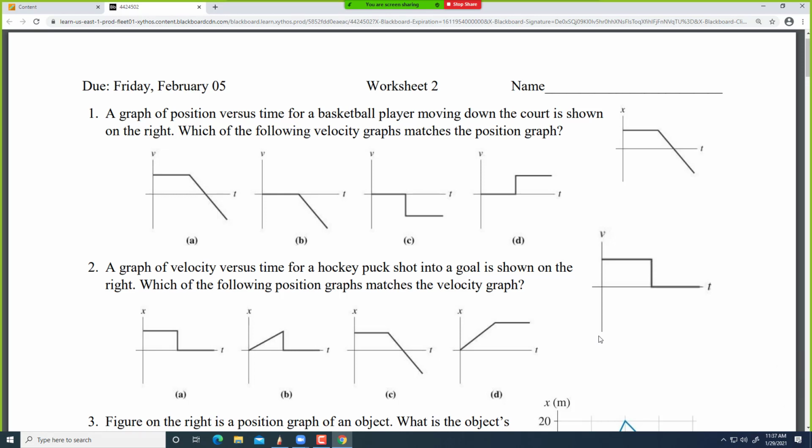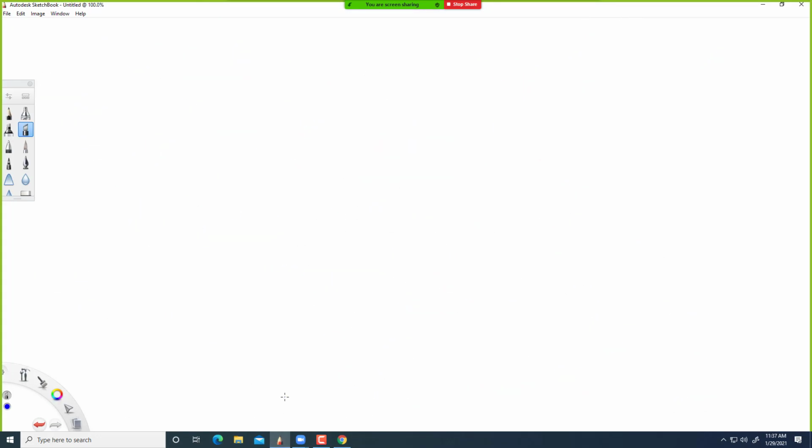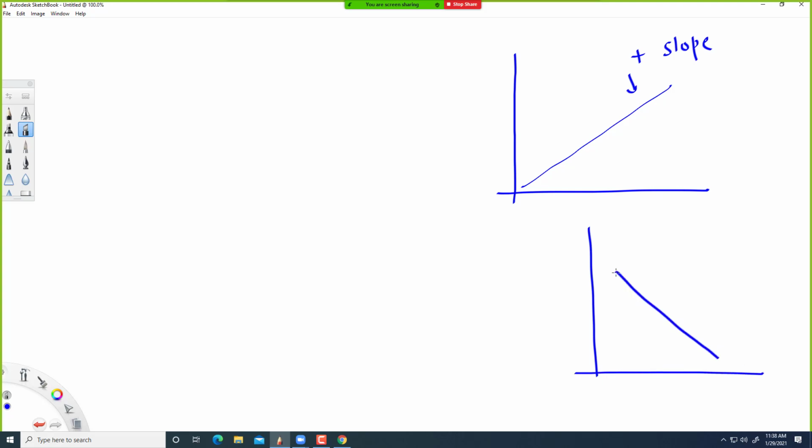So whenever you see a graph like this, one has positive slope, okay? When you have a graph like this, it has negative slope, okay? And this has constant slope, okay? Like we did in the lab yesterday or on Wednesday.